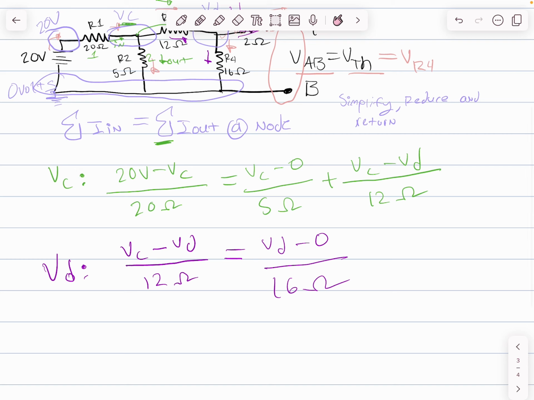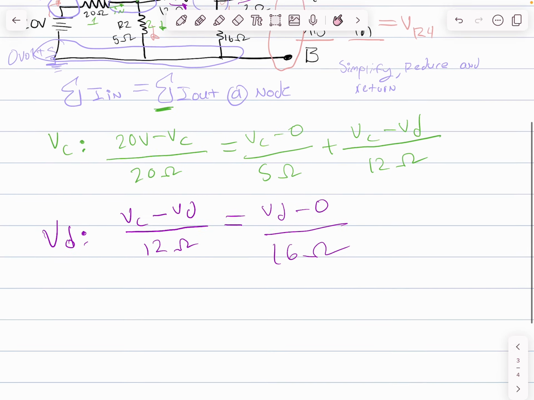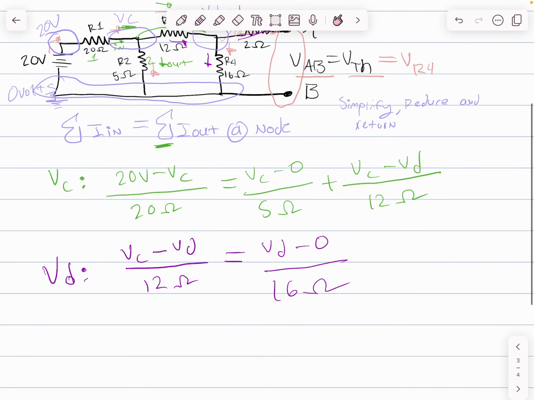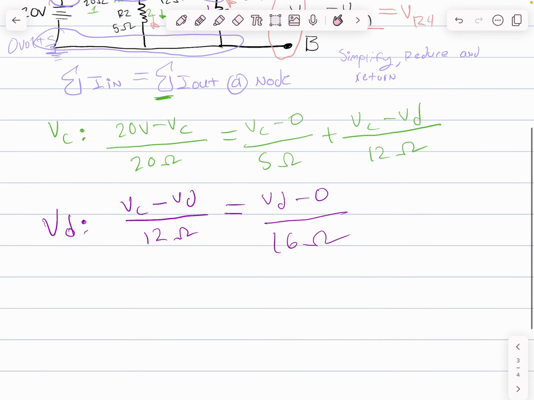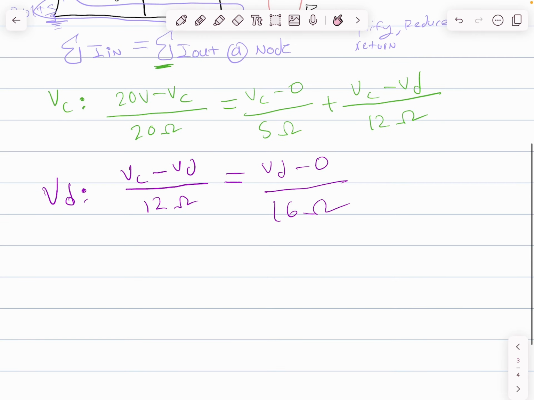And then I can solve this system of equations using substitution, using elimination, or whatever other method I want to. In our class, we're using our TI Nspires. So make sure you know how to put the system of equations into our Nspires.